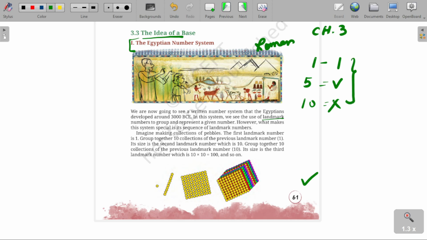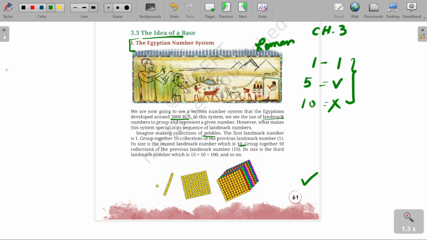Okay. So now what is the Egyptian style? The Egyptian style was introduced around 3000 BCE, and they created it with the help of a collection of pebbles which were in the powers of 10.